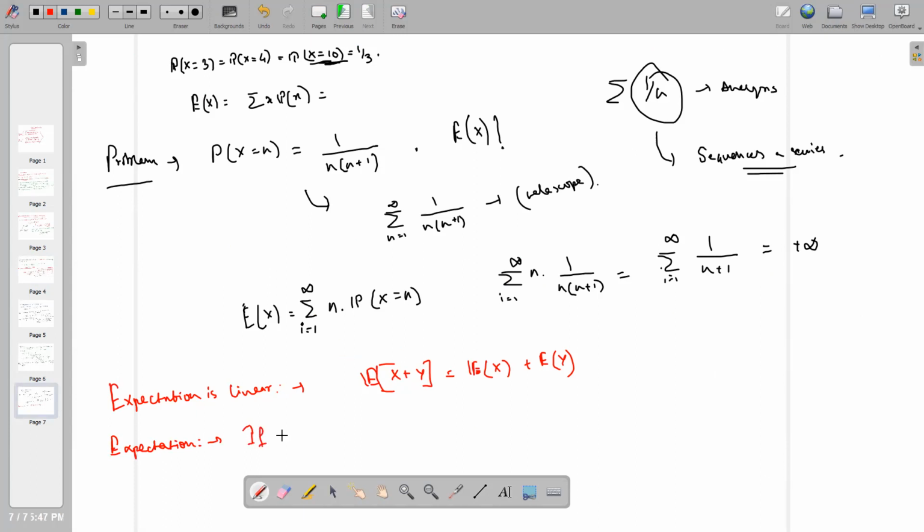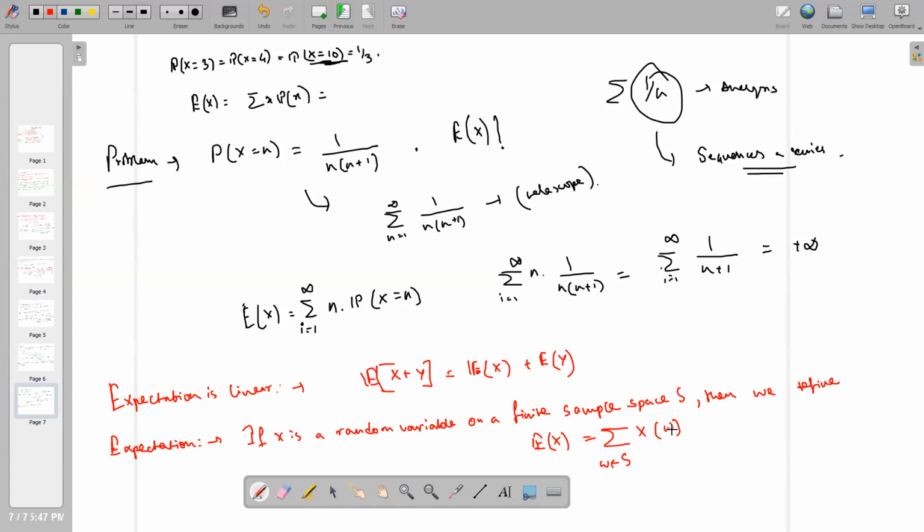So if X is a random variable on a finite sample space S, then we define the expectation of X as the summation over omega belonging to S of X(omega) times the probability of omega, right?